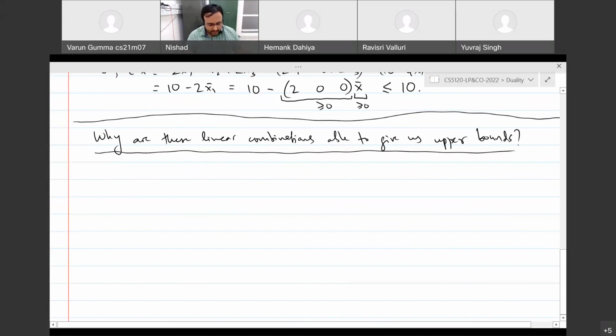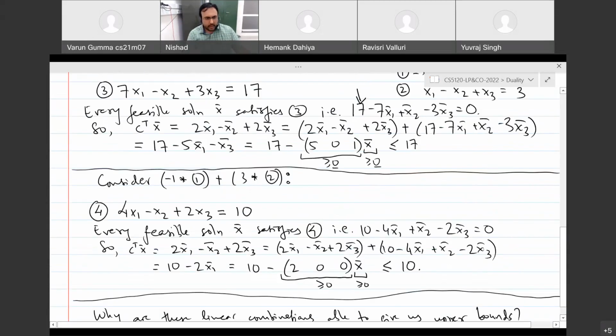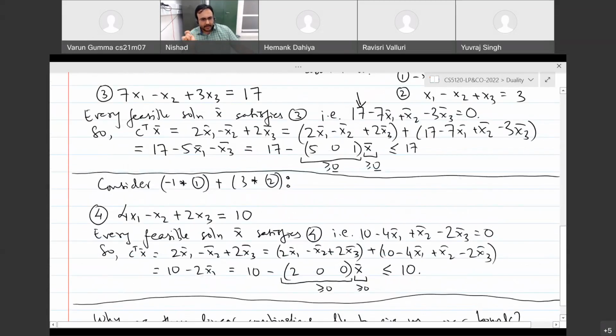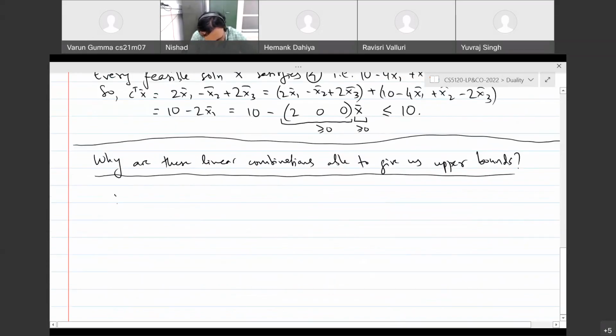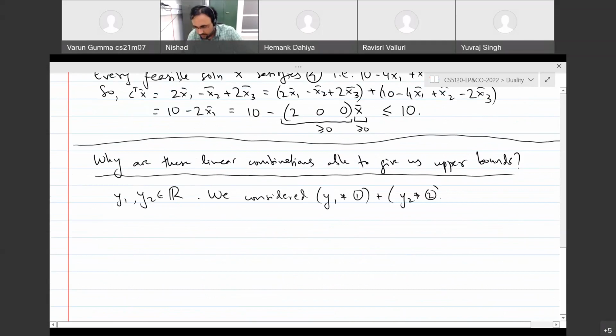So how did we get constraints number 3 and 4? We got them by multiplying the first constraint by some number y1 and the second constraint by another number y2, and then we added them, right? So what we did is we took two real numbers, y1 and y2, and we considered y1 times the first constraint plus y2 times the second constraint, right?